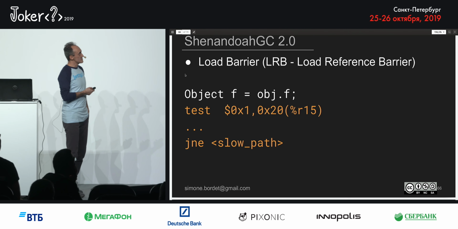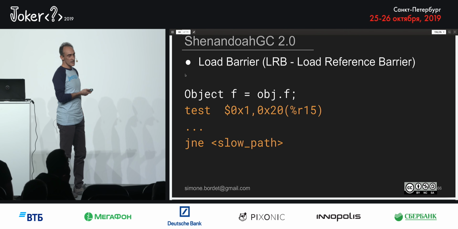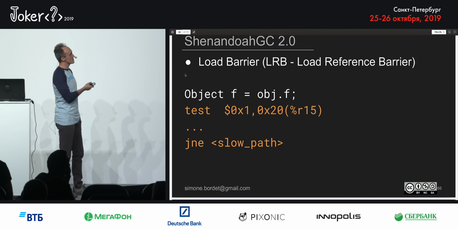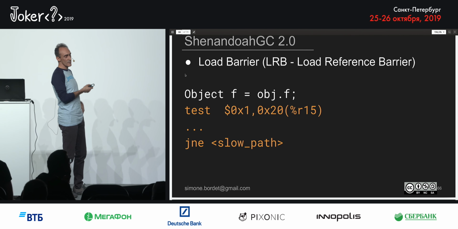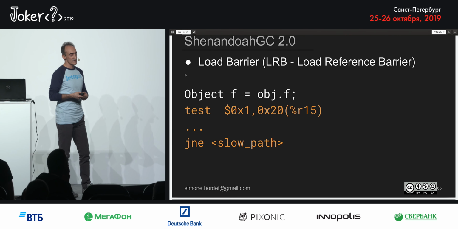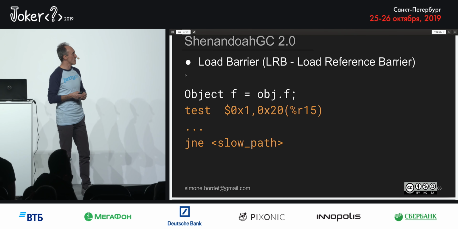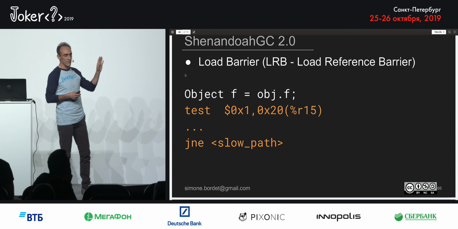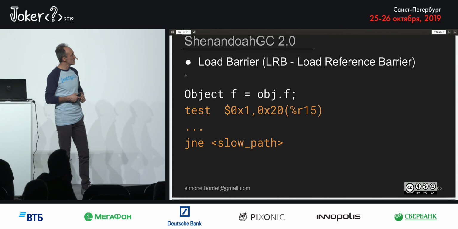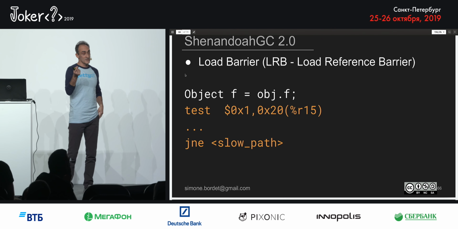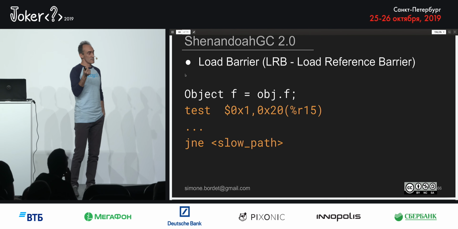And the test is exactly as before. I'm loading now the R15 thread local metadata structure register. Now the information about where the Boolean that says whether I am evacuating objects or not is 32 bytes forward from the beginning of the data structure, 0x20. And then I'm testing that and saying, hey, is the first bit flipped?